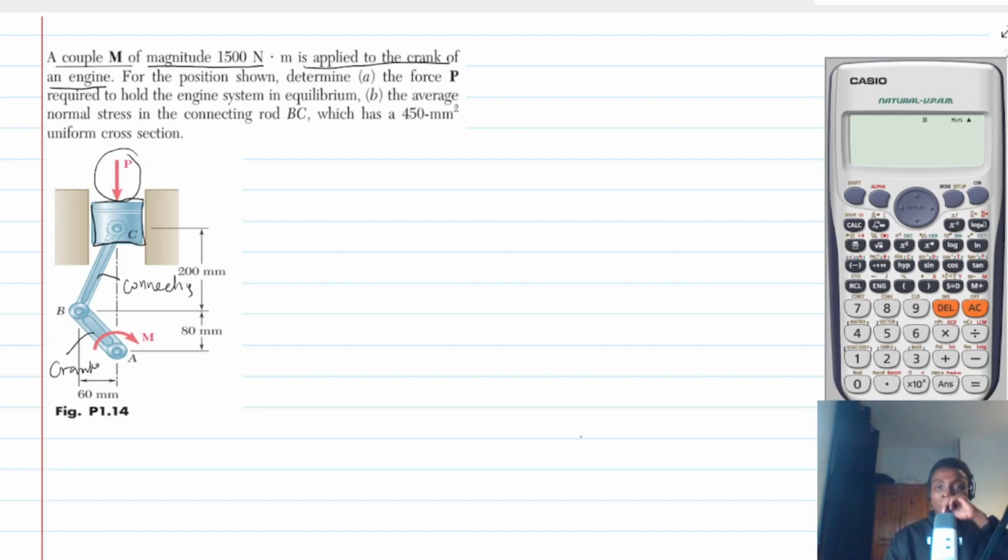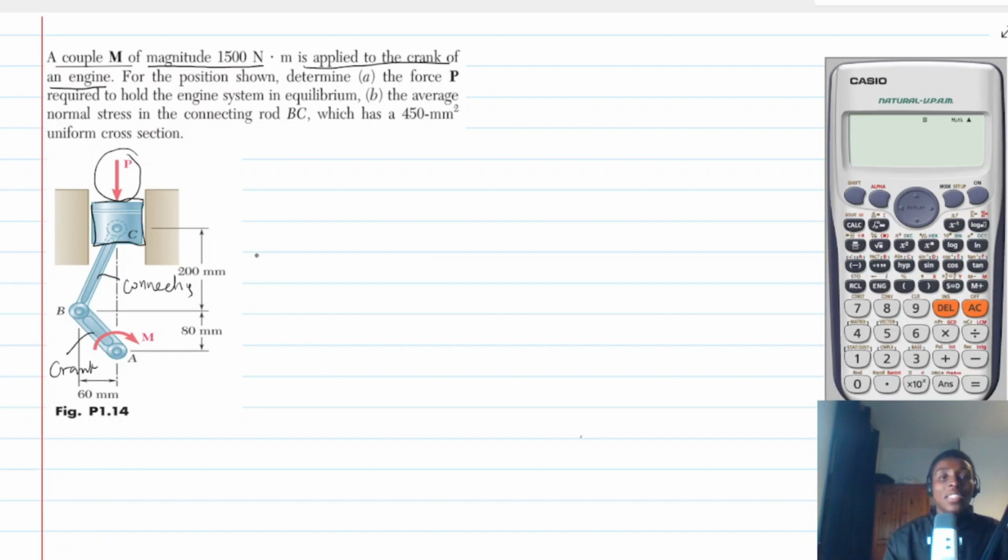So think about it this way: as the load is acting, the cylinder will be going up and down, and as it goes up and down, this crank will be rotating in that sense. So as this load is applied, it causes the crank to be rotating. All right. So that's the basics about internal combustion engines, or let's say engines.